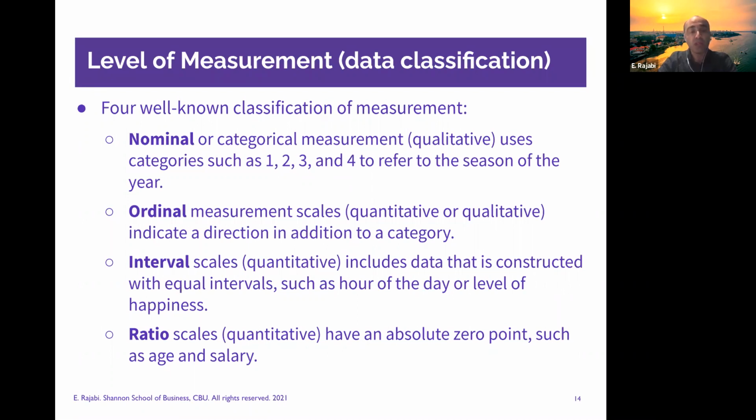The interval scales are quantitative, includes data constructed with equal intervals like hour, day, temperature, something like that. And we have ratio, where we have an absolute 0 point, like age and salary, where zero means zero, right? Like the salary. But in temperature, for example, zero means something, right?